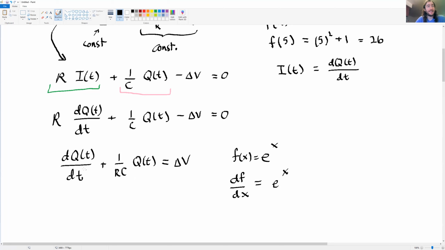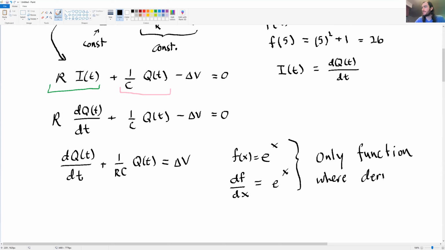So if we are to add two functions of time and they add together and end up giving us a constant, then they better be of the same form as a function. And that form will have to be the exponential function, because the exponential function is the only function whose derivative is equal to the function itself. So it's the only function where the derivative equals the function itself.